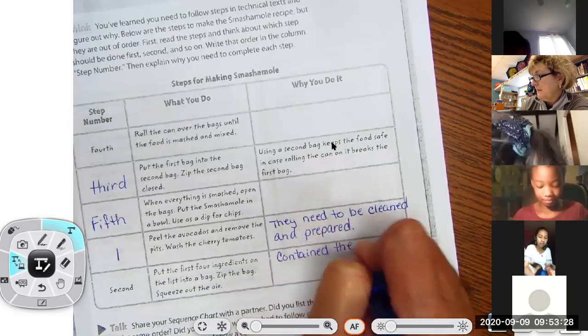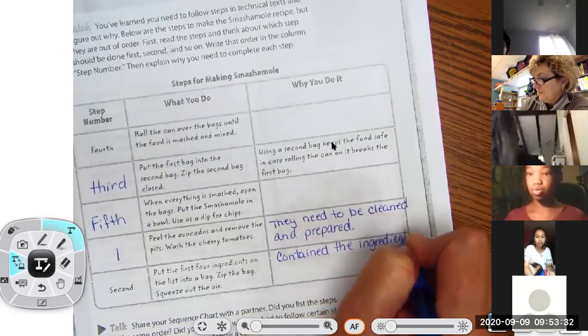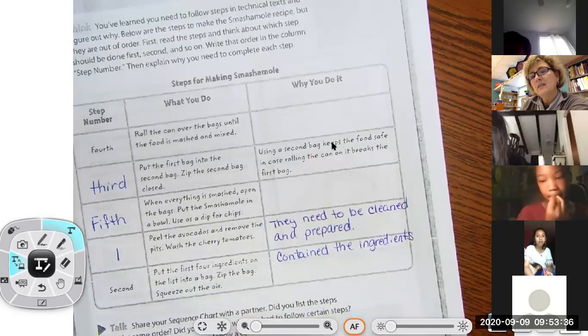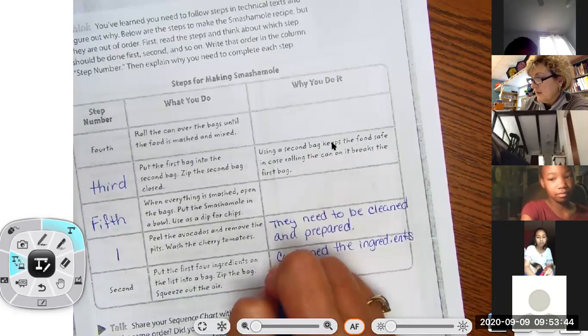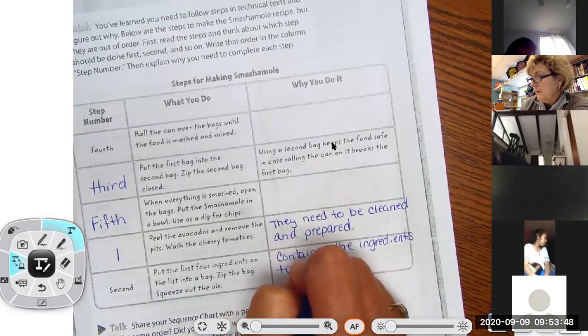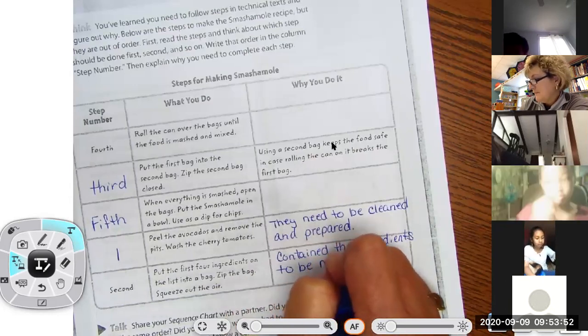Contain the ingredients. But don't they need to be together? Can you mix them if they're not in the same bag? No. They contain the ingredients to be what? Mixed. Mixed.